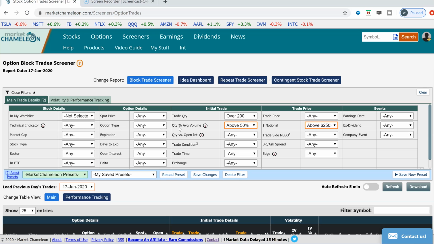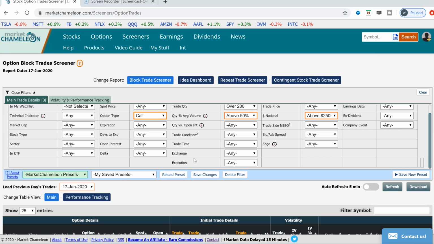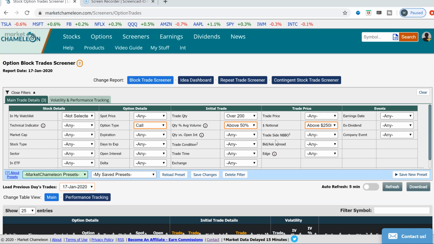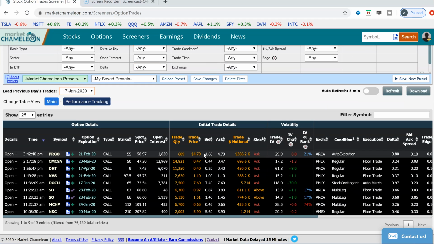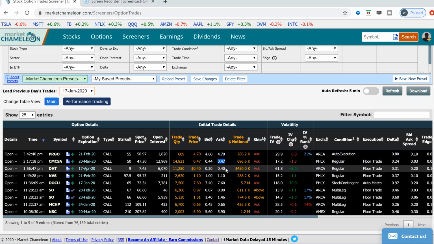Let's also narrow it down to calls. So I'm going to look at call options for now. My assumption is I want to look at trades that happen on the ask side or above. In other words, when the trade occurred, it happened on the MBBO ask or above.